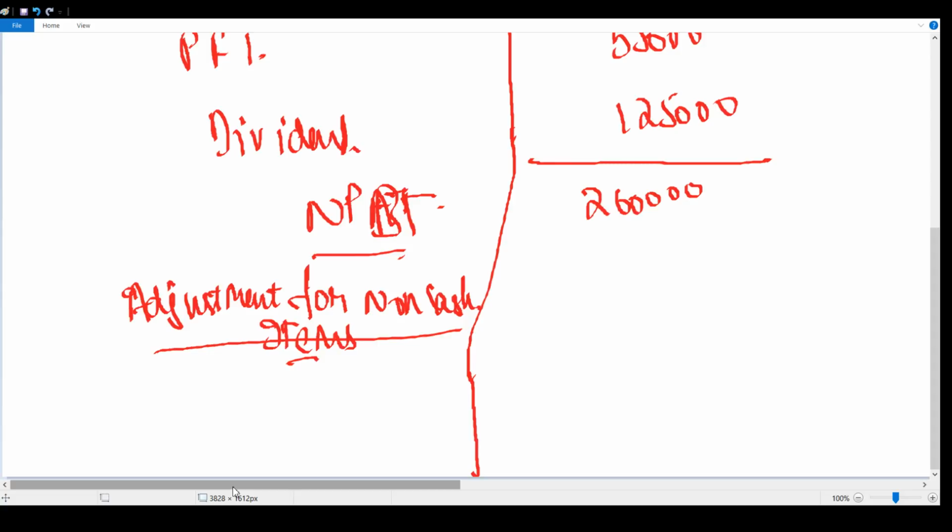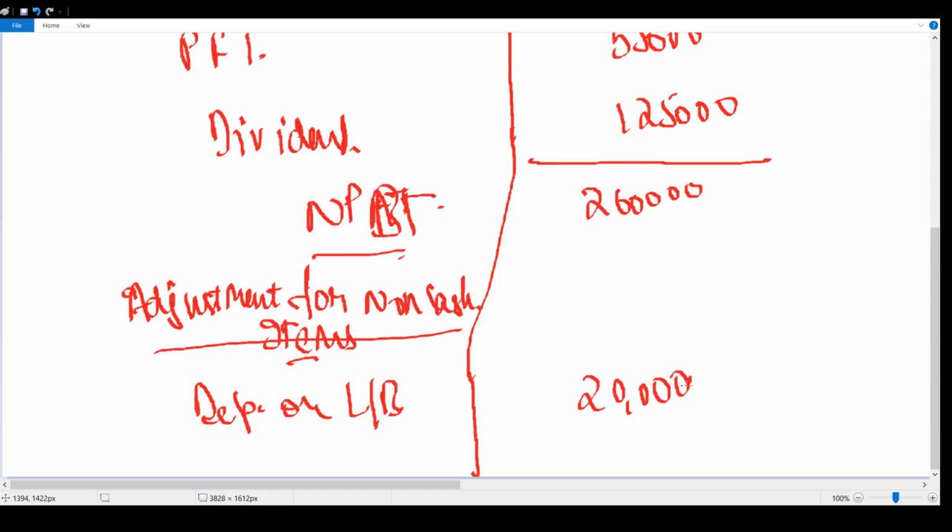Firstly, we are provided with depreciation on land and building, 20,000.